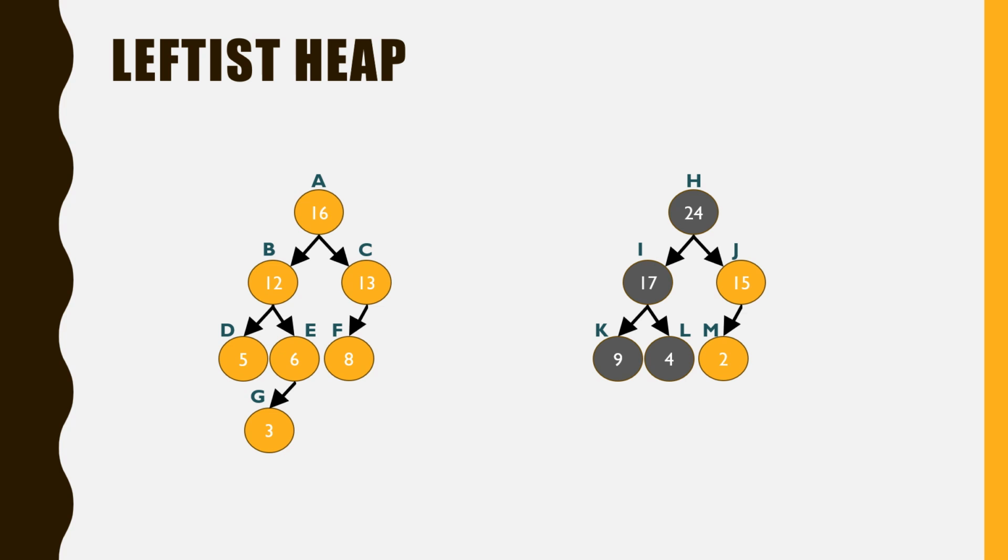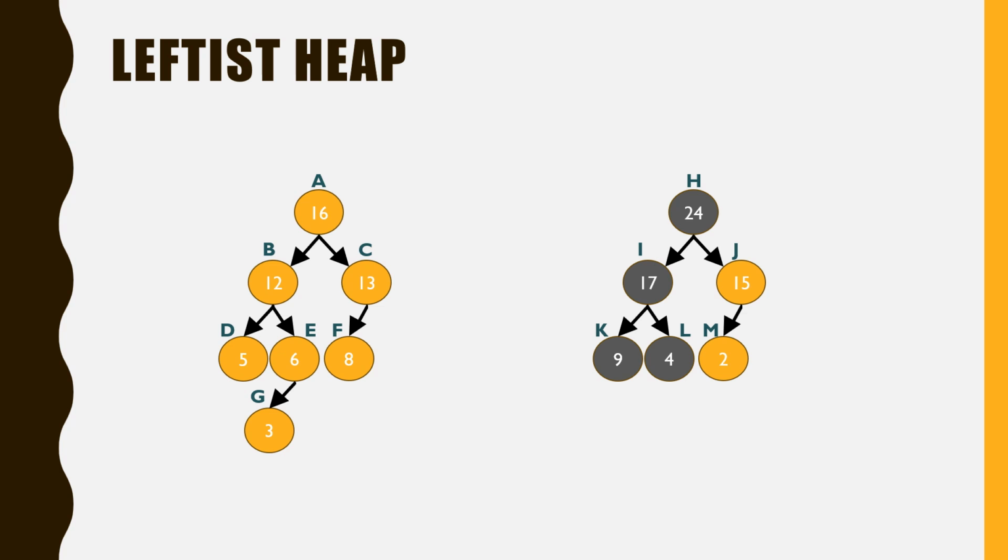As a result, in the next recursive step, we continue merging the yellow components of the two heaps. The gray component of the second heap is temporarily ignored and will be considered after the current recursion returns. We apply the same rule and compare the roots of the two active components.